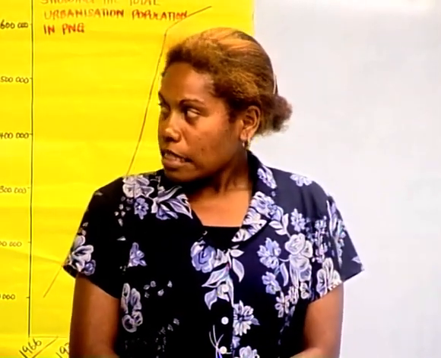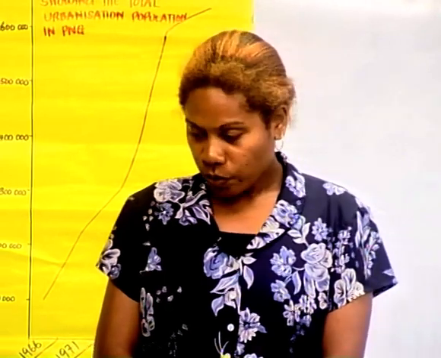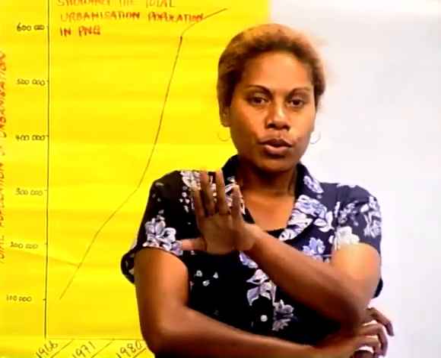Sweet potato. What was your answer? Potato. Receiving students, you agree with Aaron? All right. The main staple food of people living in the interior of Papua New Guinea is sweet potato. Sweet potato, good.